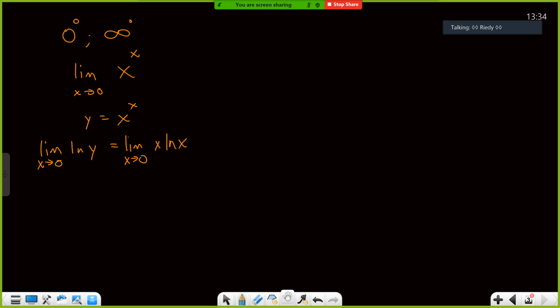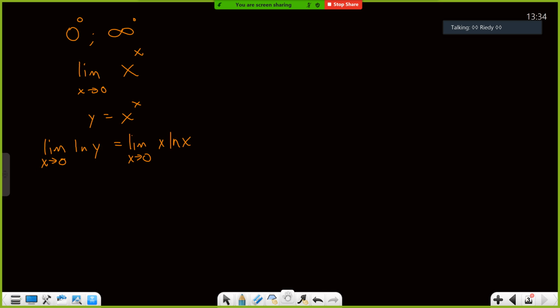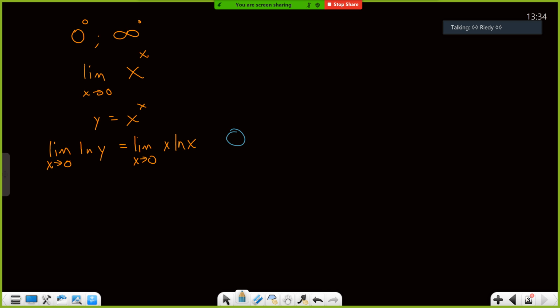Well, first things first, I plug and chug. We've gone through this already, and this is 0 times infinity. Okay, so it's a similar problem to what I did in the last one, or the one before. I'm going to turn this into the limit as x approaches 0 of the natural log of x over 1 over x.